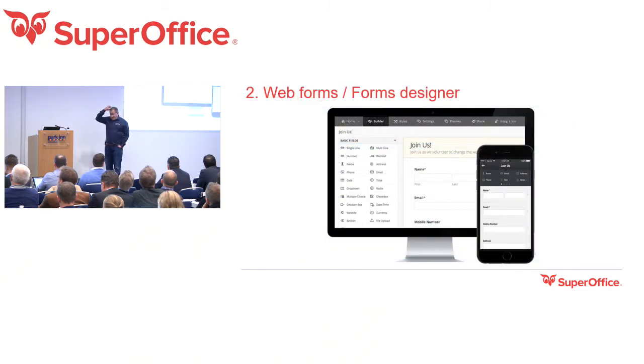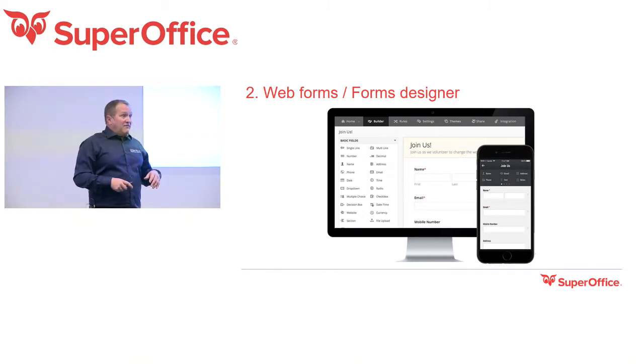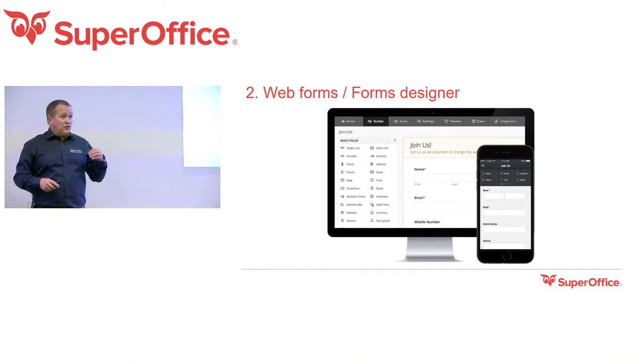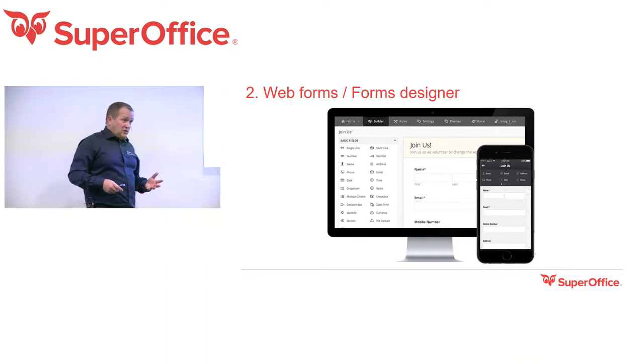The second thing is we also need to enable people to interact with your company without having someone sitting at the phone registering the data. We have to build what we call web forms and include that with the forms designer in SuperOffice.